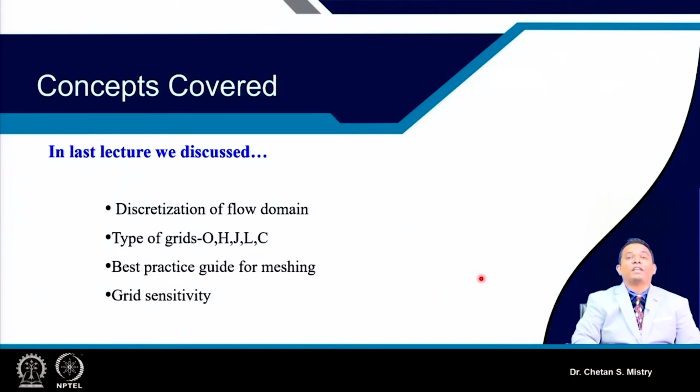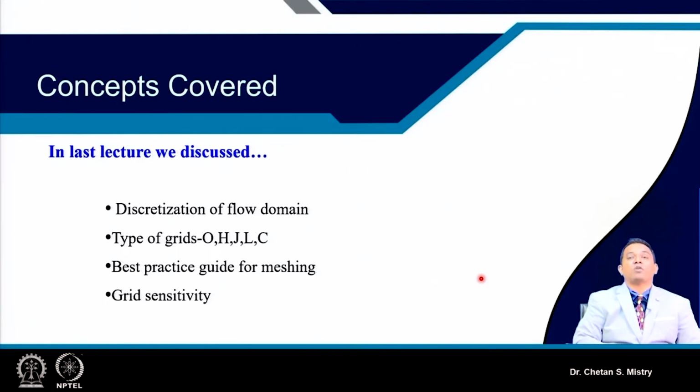Y plus is basically calculated to decide the height of the layer next to my blade, and we discussed that it is preferred to have Y plus below 1 or nearly 1. That is the art in meshing, so when we are doing meshing, we need to be careful about all these aspects.